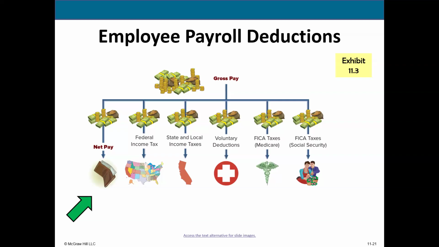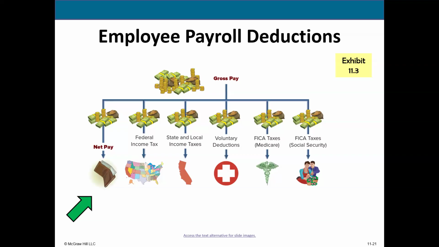So gross pay minus your pre-tax deductions, like 401k retirement contributions, maybe charitable giving before tax. So gross pay minus pre-tax, and then come the taxes.